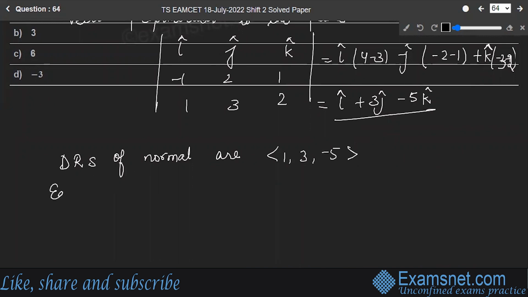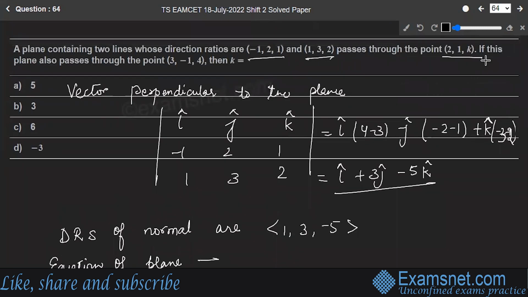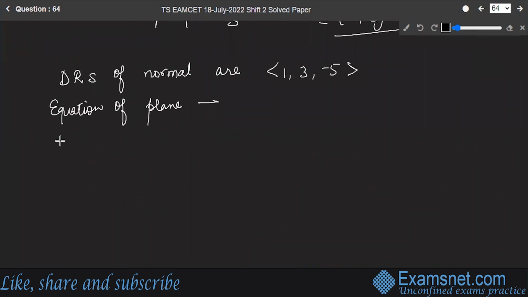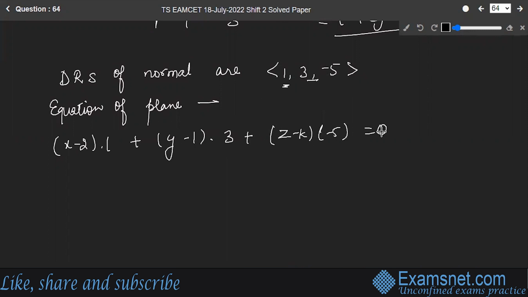Therefore, the equation of the plane will be given by, since it passes through (2, 1, k), (x minus 2) into 1 plus (y minus 1) into 3 plus (z minus k) into minus 5 is equal to 0.